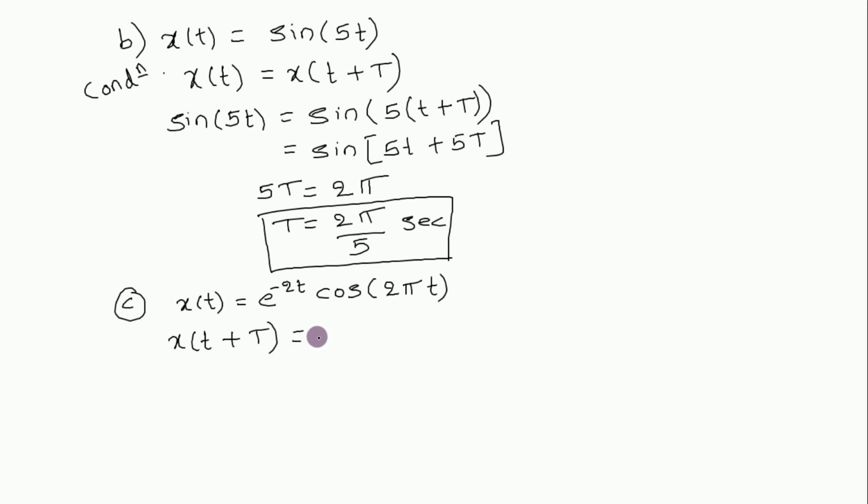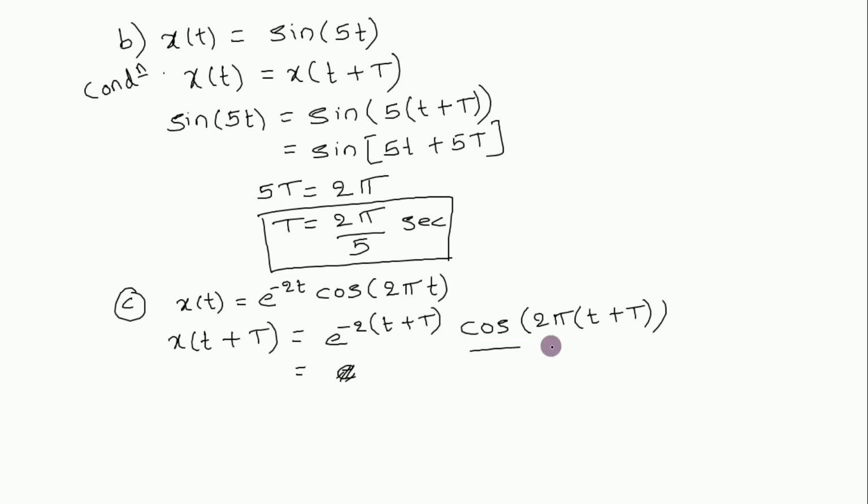Replace t with t plus T: e raised to minus 2 times (t plus T), cos of 2 pi times (t plus capital T). First I have two components here.